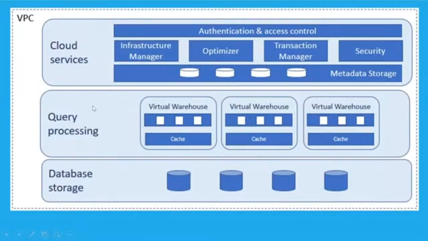I will tell you. This query processing layer is the virtual warehouse, which is a compute layer, and these are hardware resources for your Snowflake. It is required to process all your requests in Snowflake.